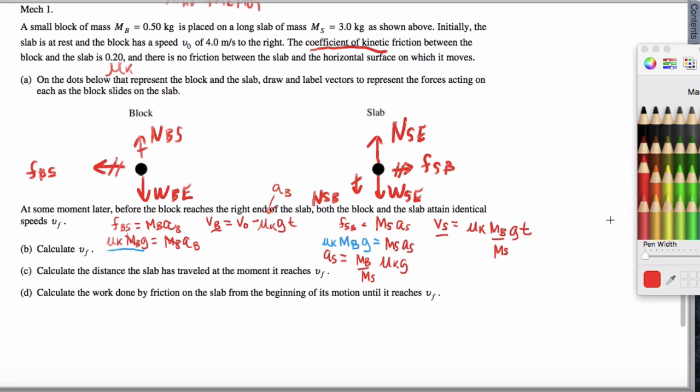Okay, so I'm just going to give you a procedure here, and I kind of want you to do this. Number one, set v block equal to v slab. Number two, solve for t. When you do that, you're going to get that t equals mass of the slab times v naught over mass of the slab plus mass of the block, over mu g.